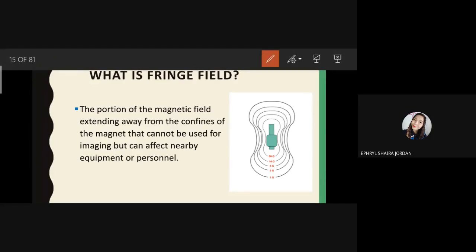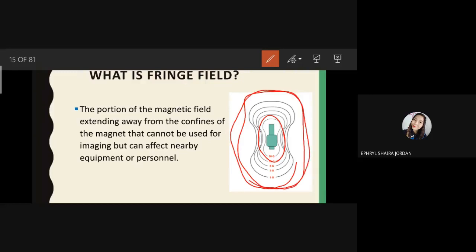So if you have a superconducting or resistive magnet system, you will eventually have a fringe field. Itong field, usually at the corners of the room, yan ang ginatawag natin na fringe field. Hindi siya maka-affect sa imaging, but it could affect nearby equipment.